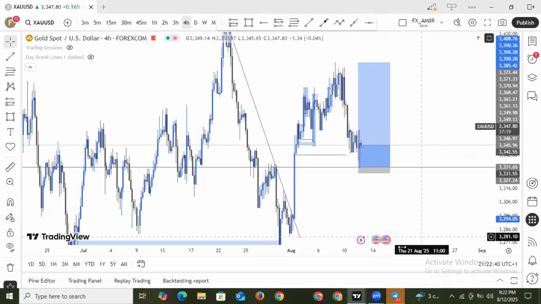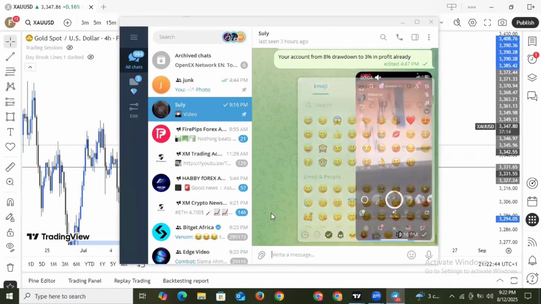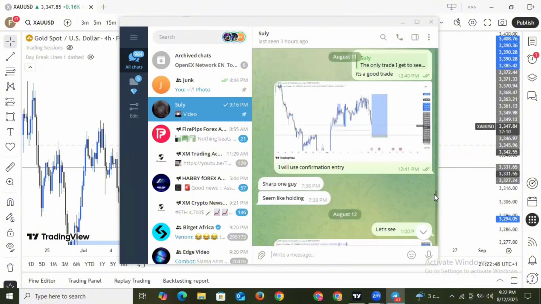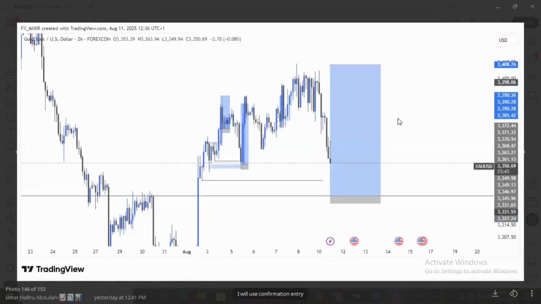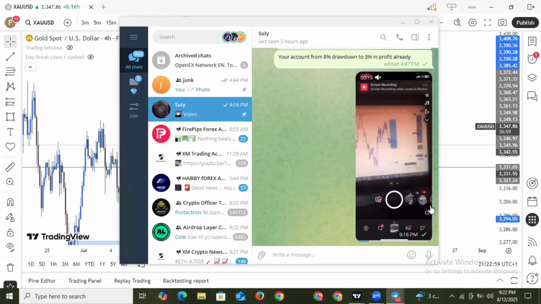So let me show you the before of the trade. So this is the before of the trade, and then this is the trade right now.